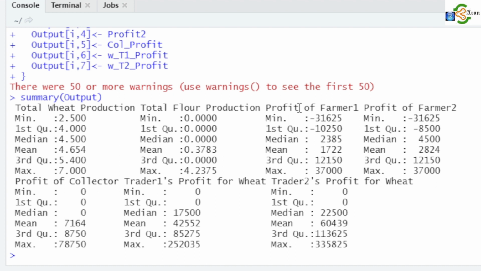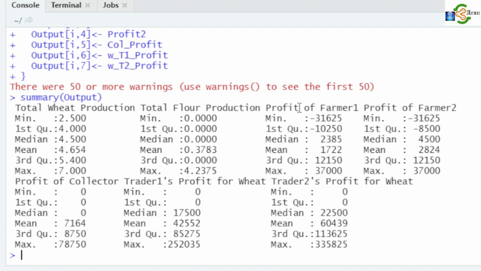Still, it's very low, but compared to farmer one, it's almost double. Okay, but in case of the collectors, it is either zero or the maximum value. Let's take the average, it is 7,164 rupees profit. See the farmer's profit in the long run, see the profit of collector in the long run.